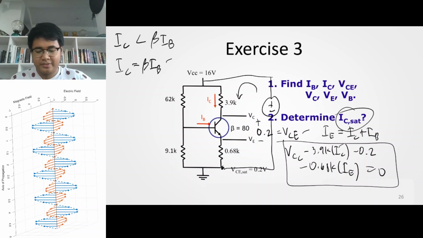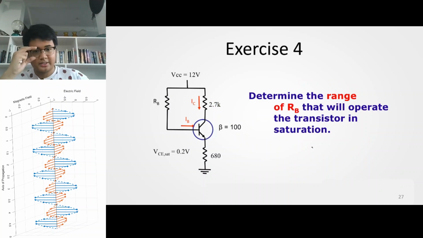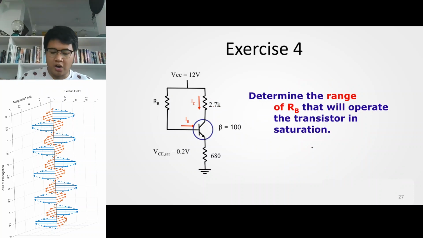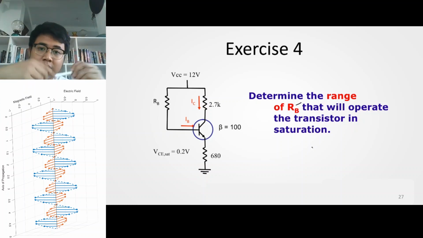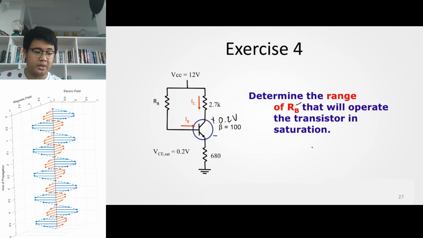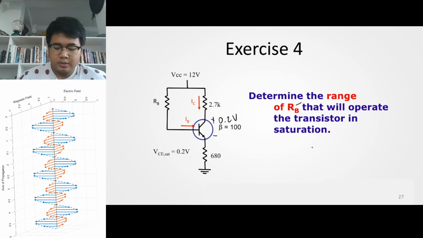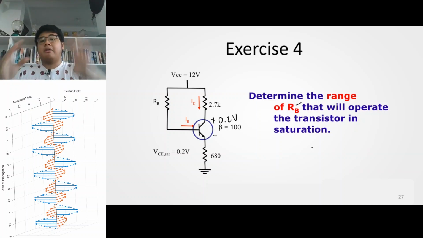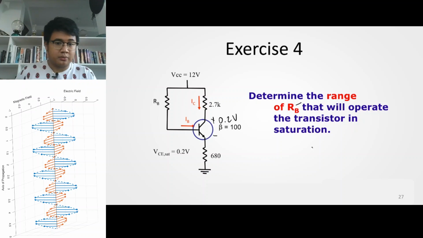Last example: determine the range of RB that will operate the transistor in saturation. Since we're going to assume now that the circuit is in saturation, by default this should be 0.2 volts. Let's say we're at the boundary of saturation and forward active.